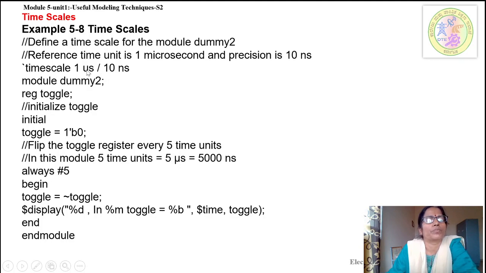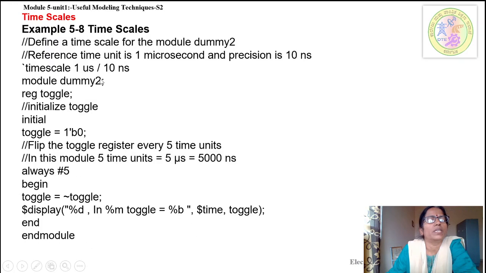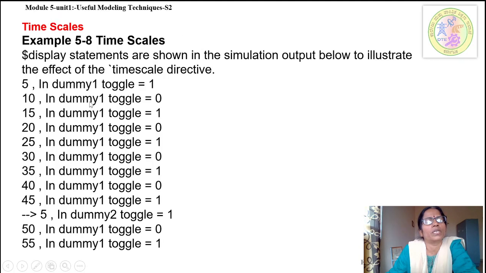So it's going to be 100 times more than this. This is 100, this is 1000, so 10 times more than that. So it has to give that execution here at 5 dummy1 is executing and at 10 also dummy1.